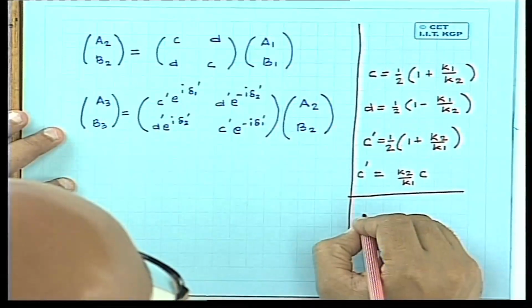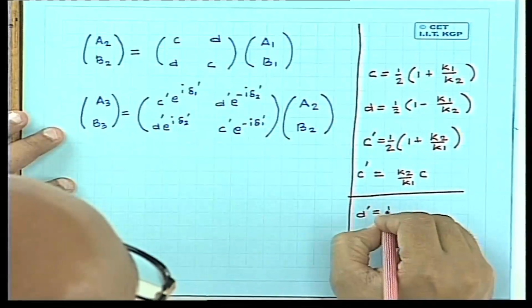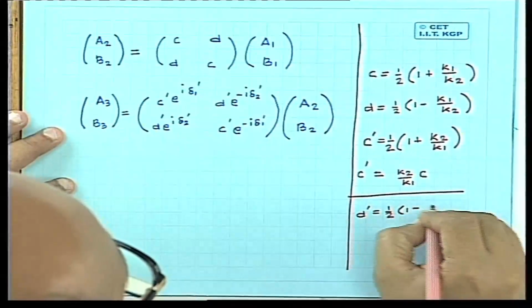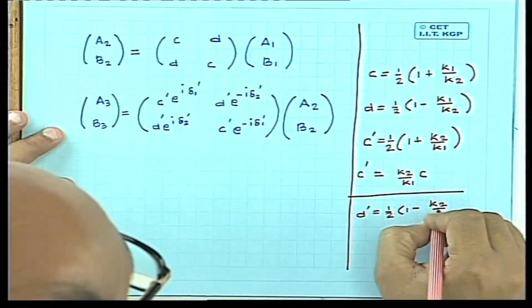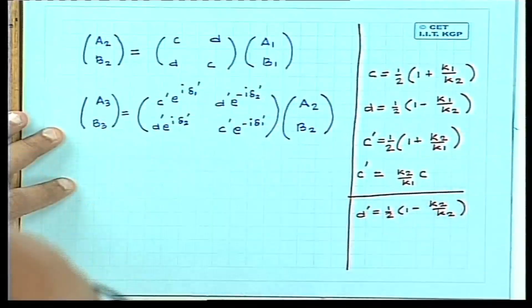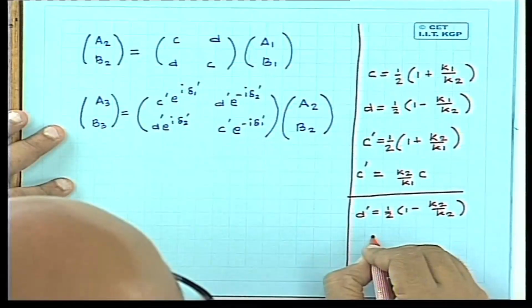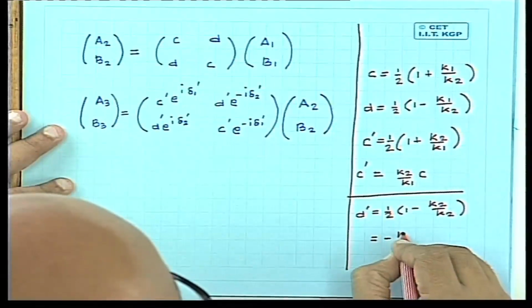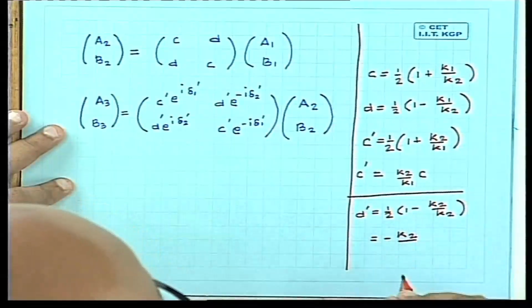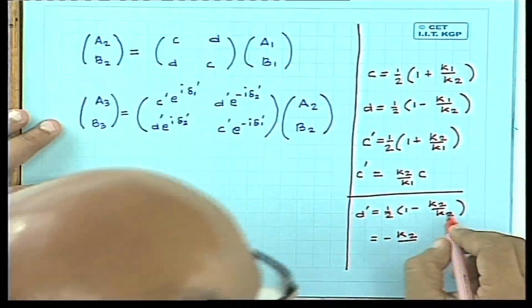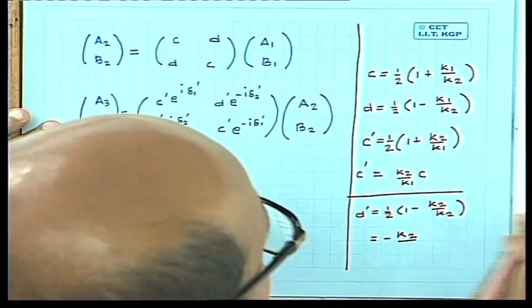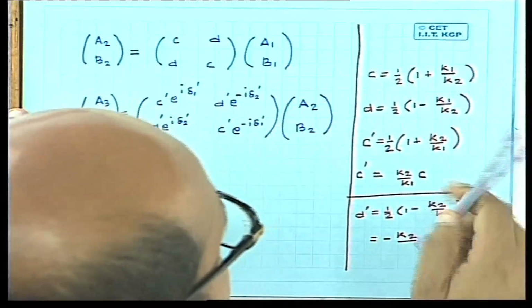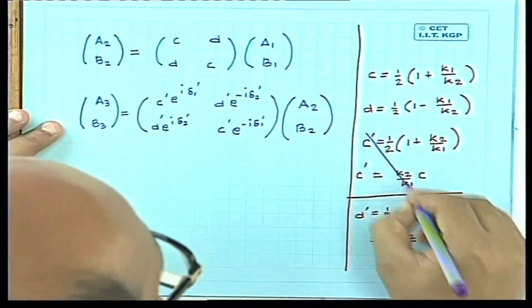Similarly, D prime is equal to half 1 minus K2 by K1. Sorry, let me just do it here carefully.